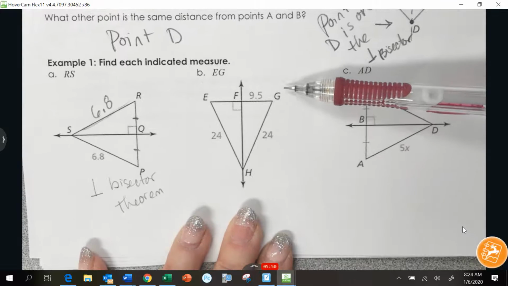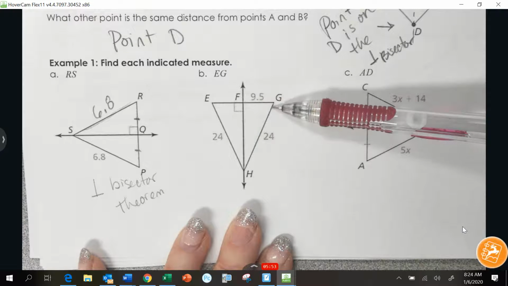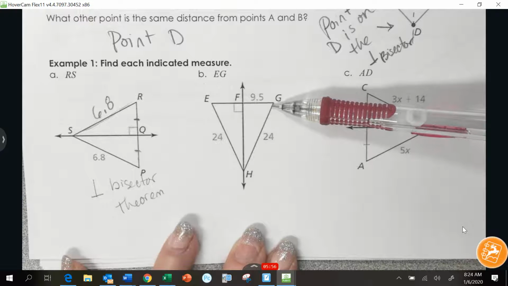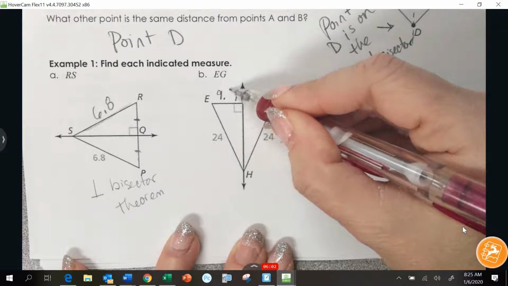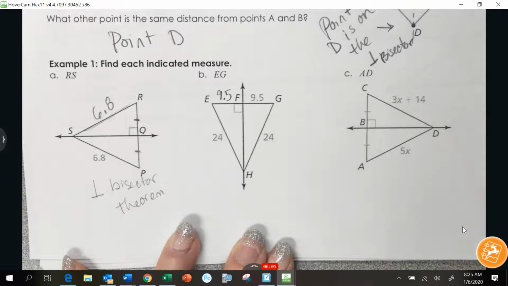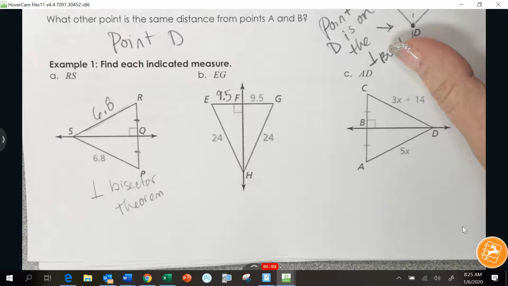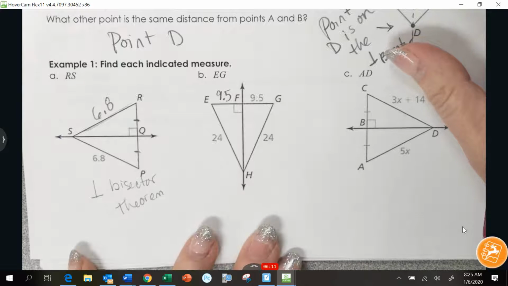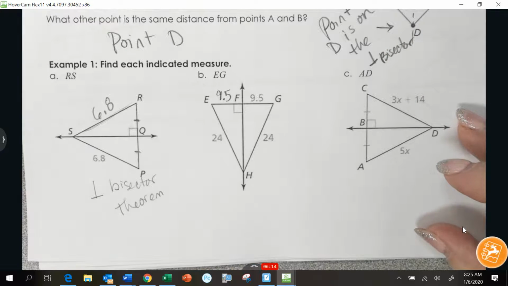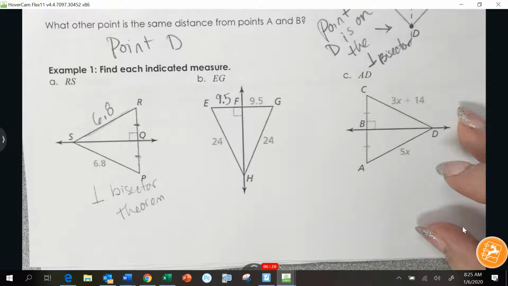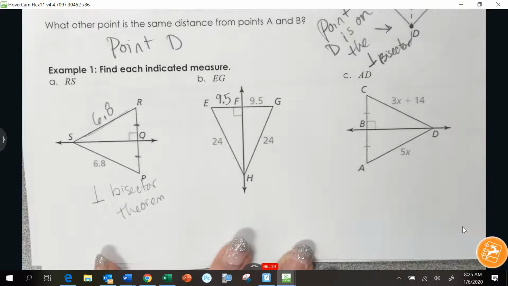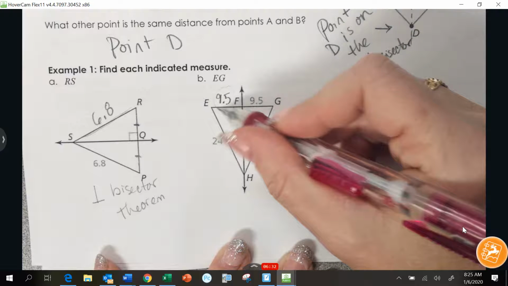All right, right here, the segment EG. EG is how long? Well, you'd agree that this is 9.5.